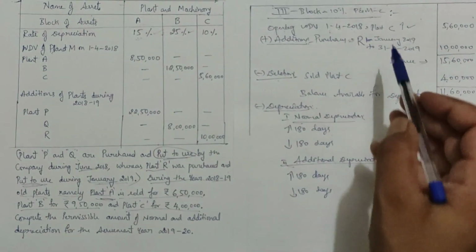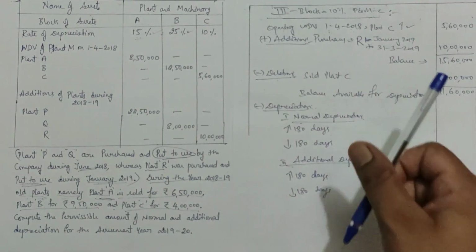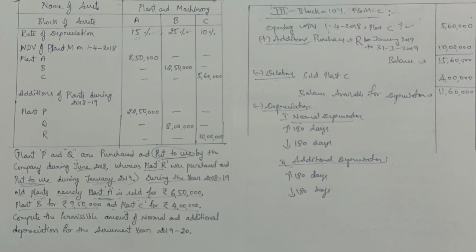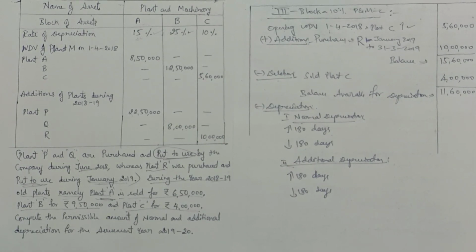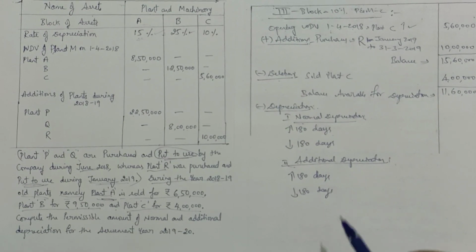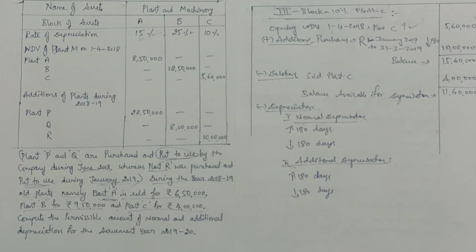Correct. So from January to March, that is 31/3/2019. How many days will come? You can count it. January, February, March. So only 3 months. Right? So maximum we will get 91 days or 92 days. Correct. So it has less than 180 days. Correct. Keep it in mind.